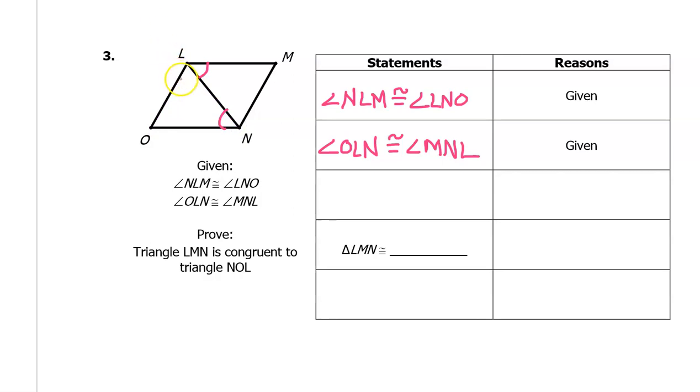I'm going to mark that with a double swoop. And that is congruent to angle MNL. MNL is down here. Double swoop.